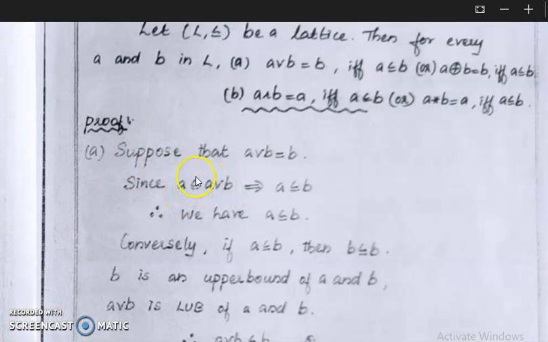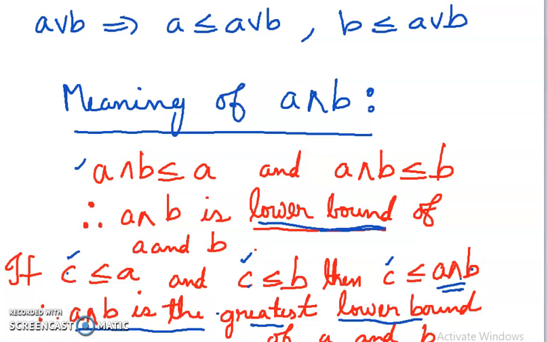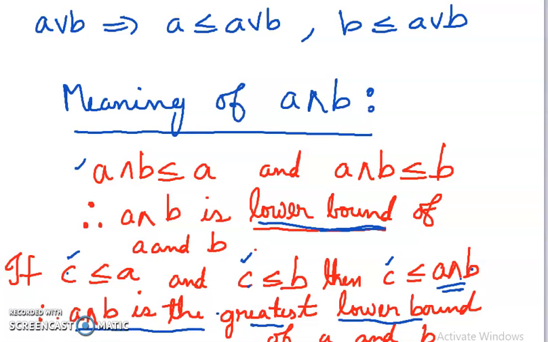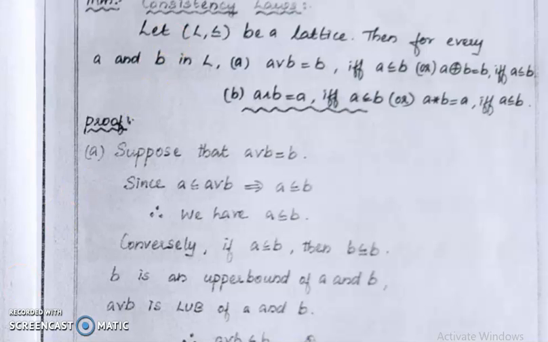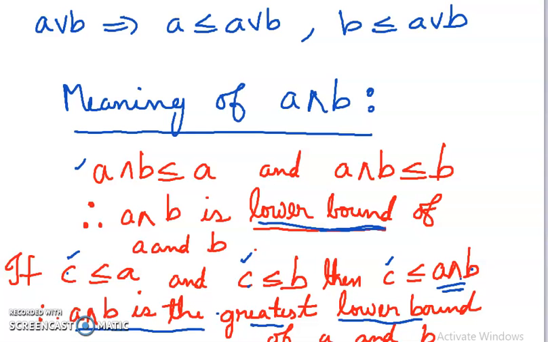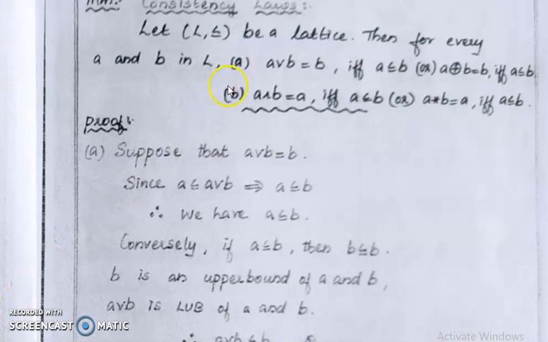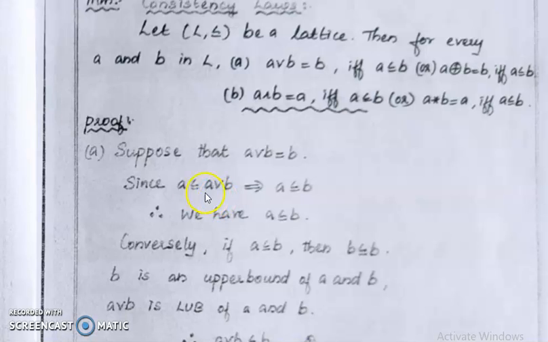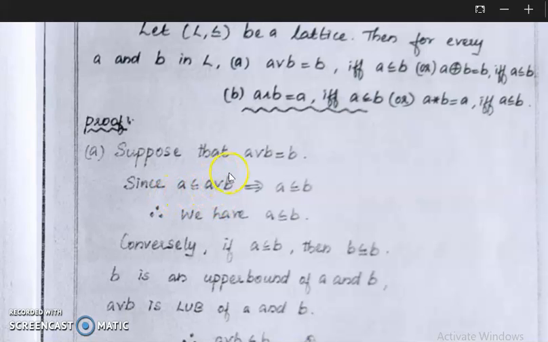So let me write that: a is less than or equal to a ∨ b, and this implies a ≤ b. Since a ≤ a ∨ b, we can write a ≤ b. Therefore, we have a ≤ b.